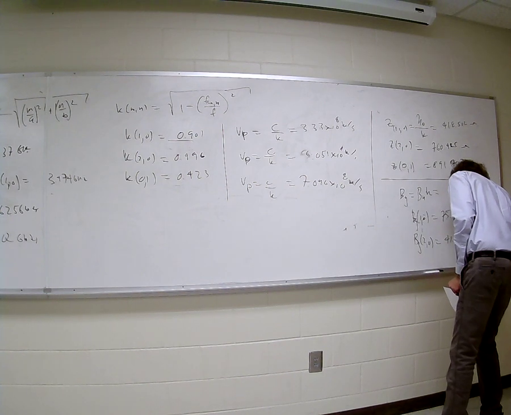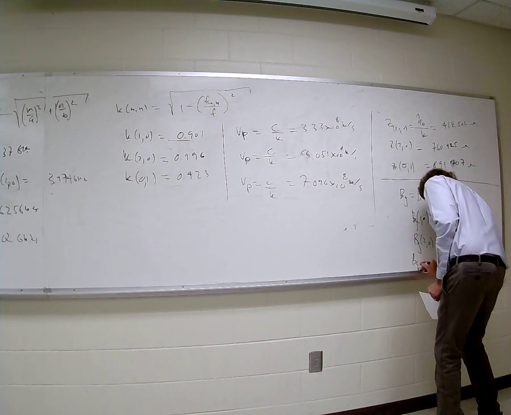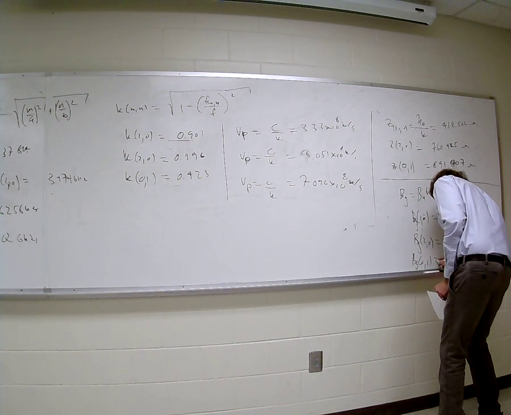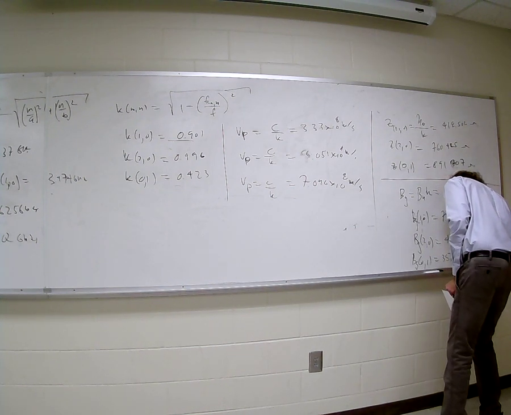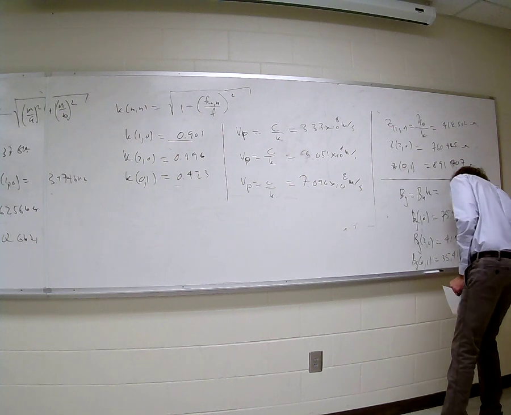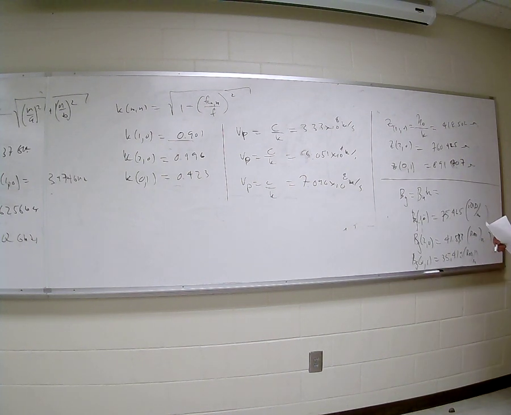And finally, beta guide 01 is 35.418 radians per meter.